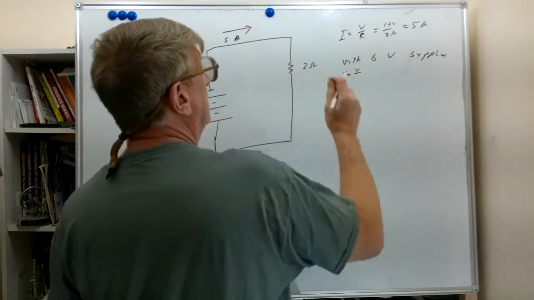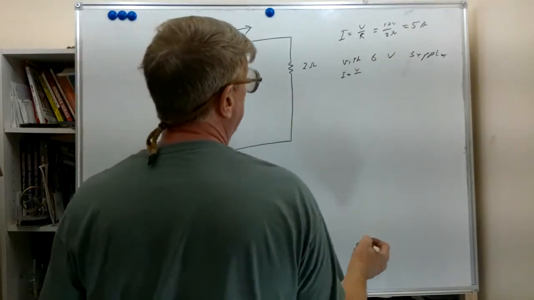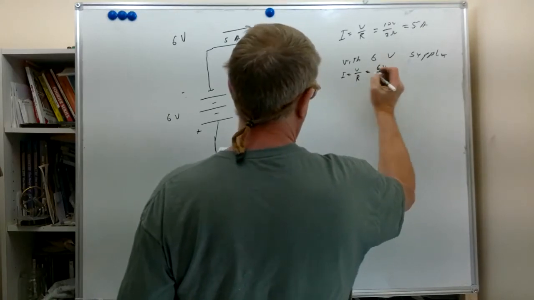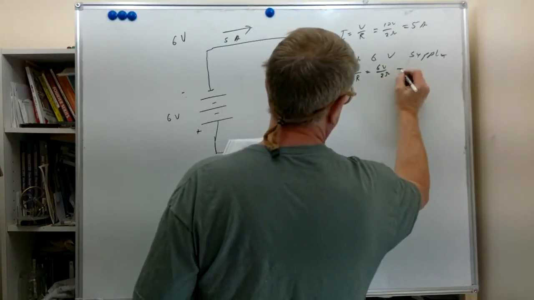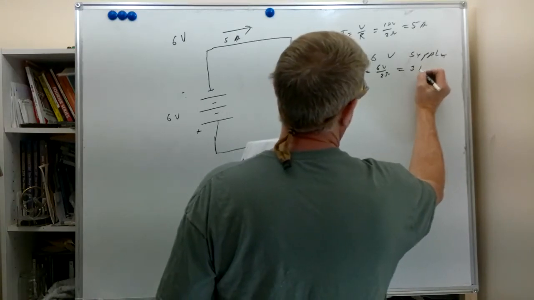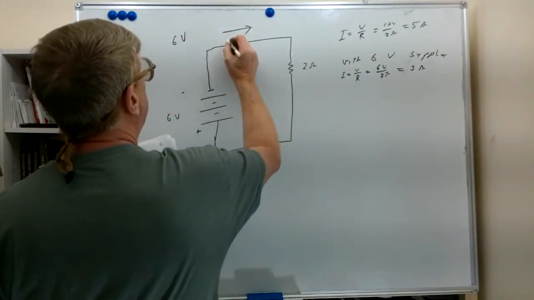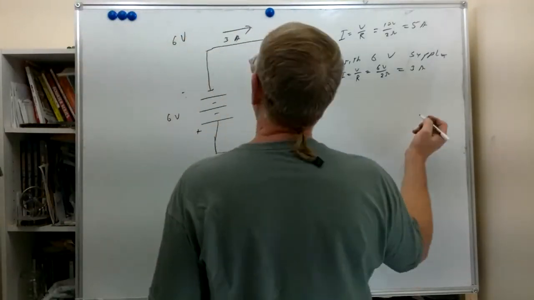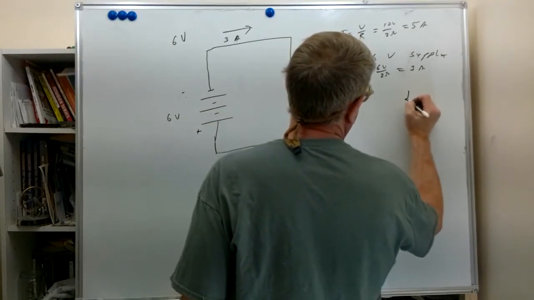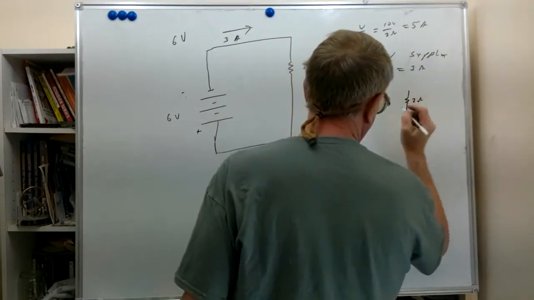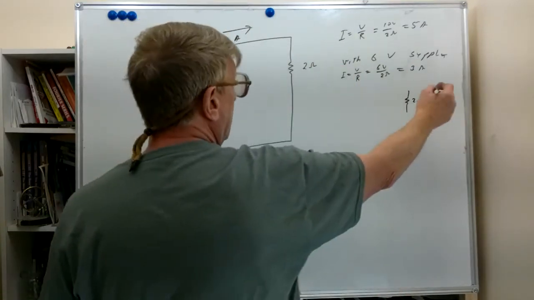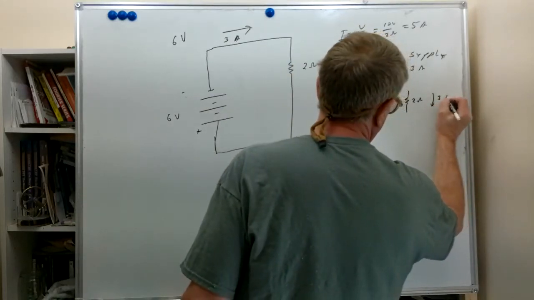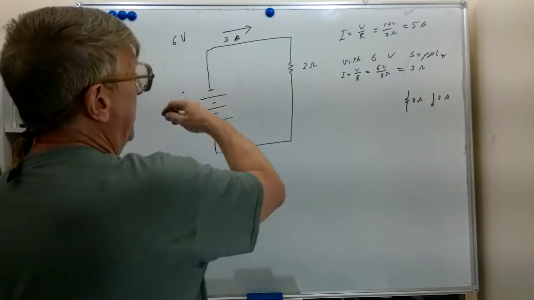I call it total, but I shouldn't have put a T there. I equals voltage divided by resistance equals 6 volts divided by 2 ohms. And now we have 3 amps. So we'll change that. We have 3 amps if we have just the 6-volt supply in the circuit. I'm going to draw the resistor alone over here, 2 ohms. In the case of the 6-volt supply, we would have 3 amps, and the direction is again counterclockwise, from negative to positive.